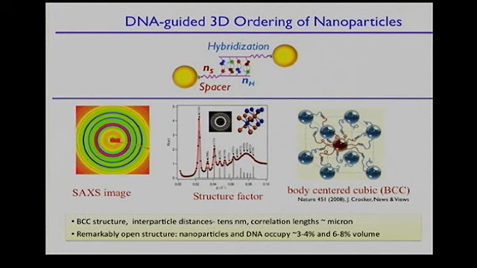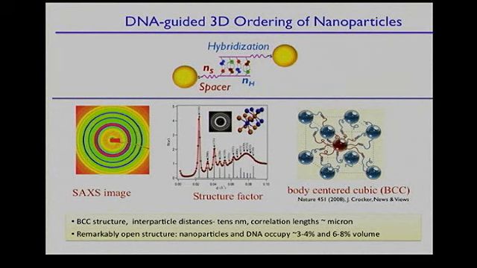What is important in this case, what I didn't mention explicitly, is that in these studies the particle size is about 10 nanometers, and we can vary the interparticle distances depending on DNA design from somewhere around 10 nanometers to 50 nanometers or so. You can very quickly realize that these 10 nanometer particles essentially occupy a very small amount of volume in the lattice.